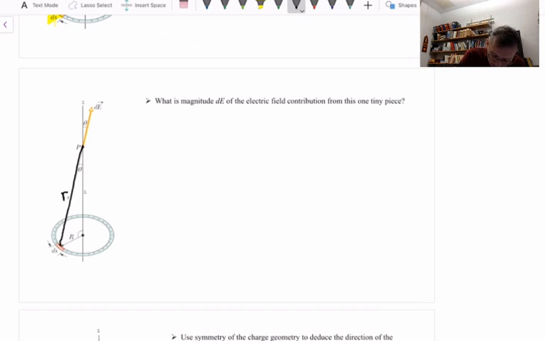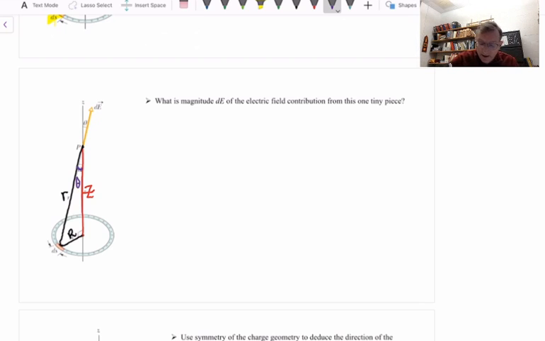The radius of the ring, big R. The distance from the center of the ring straight up the z-axis to point P is a distance z. Make sure all those distances are clear. And we've labeled an angle up here because we've got a little right triangle up there, little acute angle theta. That's just geometry.